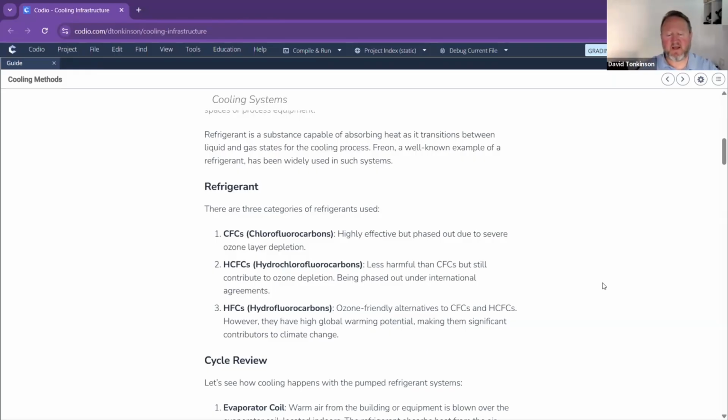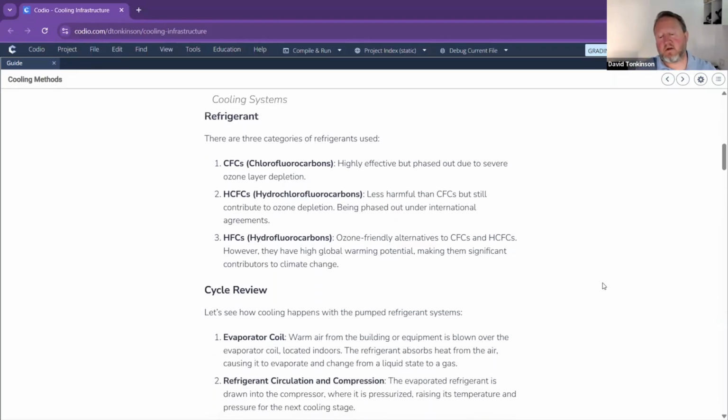So we now use HCFCs, which is hydrochlorofluorocarbons. Wow, that's a mouthful, isn't it? These are a lot less harmful than CFCs, but they still contribute to ozone depletion, and they're being phased out under some international agreements. So now we're talking about HFCs, which is hydrofluorocarbons.